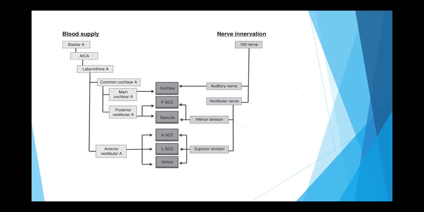Now, what they are trying to say is, if for example there is a lesion in the main cochlear artery, all the semicircular canals and the utricle will be functioning normally except the cochlea. When you're testing, all the things will be working normal except the cochlea because the damage is in the main cochlear artery. If there is damage in the common cochlear artery itself, what happens?